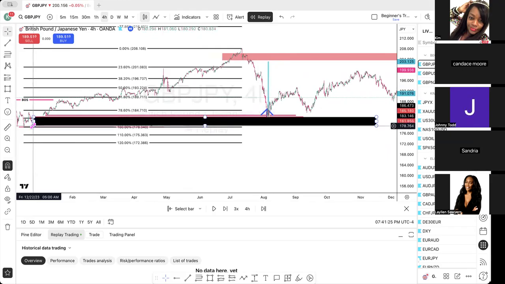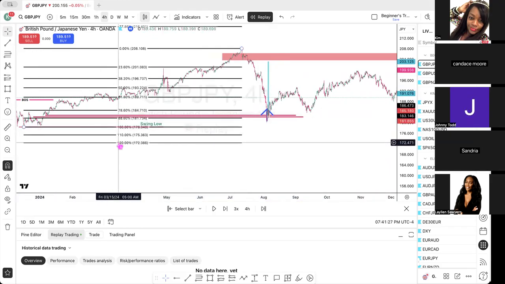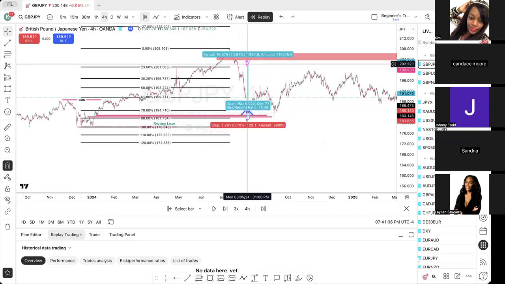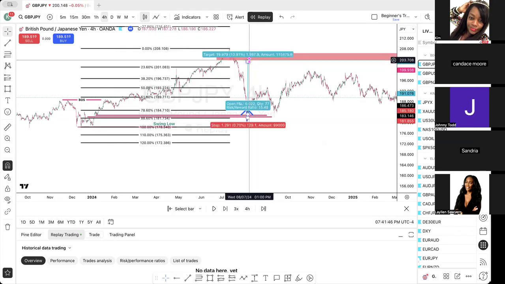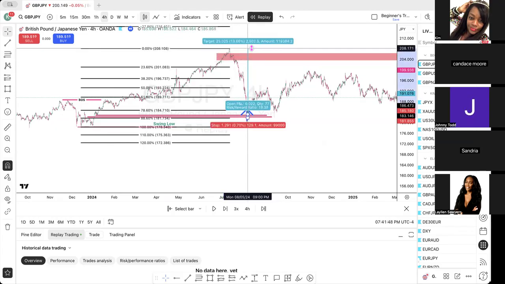Let me just move this so you can see it. And where you're going to target is the swing high. So this was the break of structure. This was the swing low. This was the swing high. You want to target that swing high.